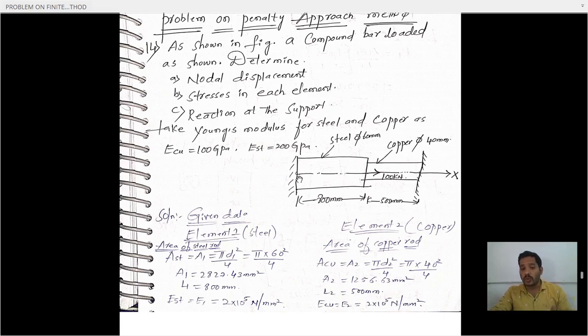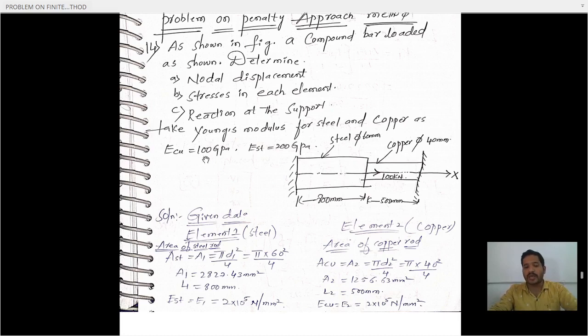We have three nodes: first node, second node and third node, so we need to find R1, the normal reaction acting at point 1, the normal reaction at point 2, and the normal reaction at point 3. R1, R2, R3.